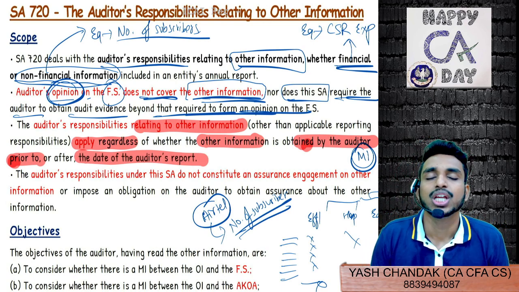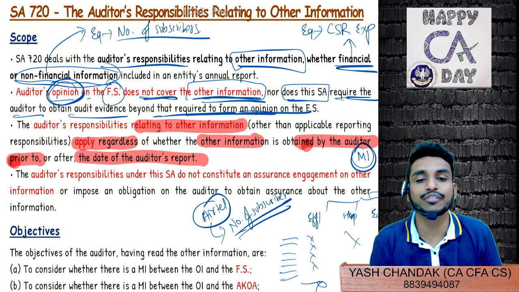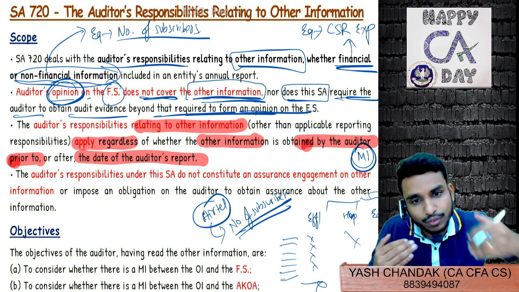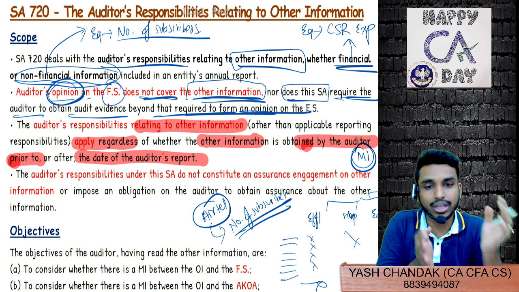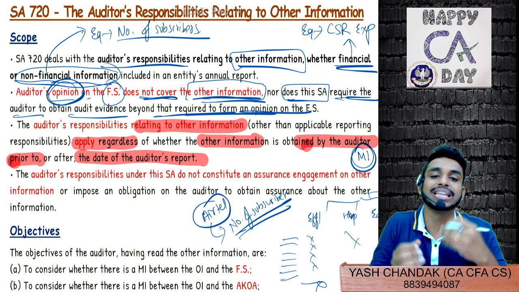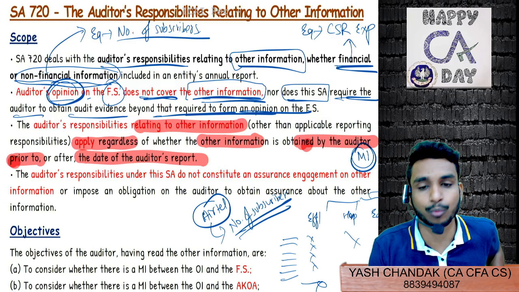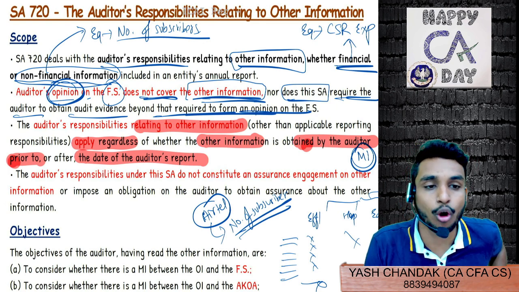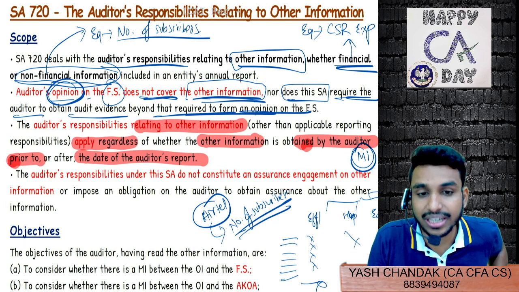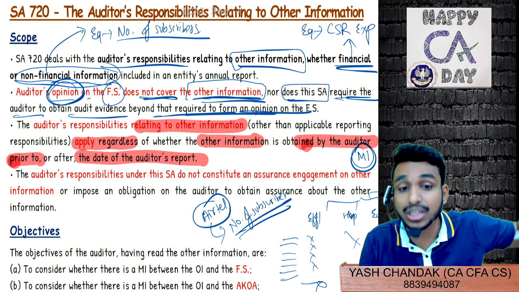Some other information you will be able to obtain before the auditor's report date, and for some other information management will say you first give your audit report, you first issue the financial statements, and then we will draft the other information, like the chairman's report. The chairman says we will do it later, after the audit report and everything is finalized. The MD's report and chairman's report are generally released afterwards. However, it is included in the annual report.